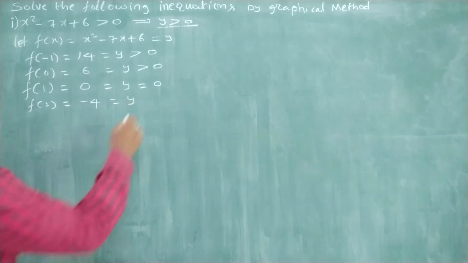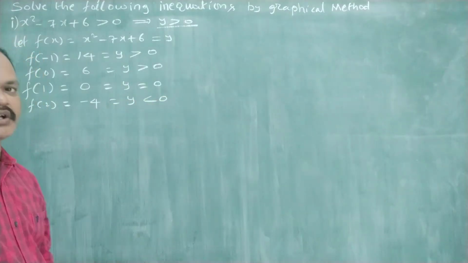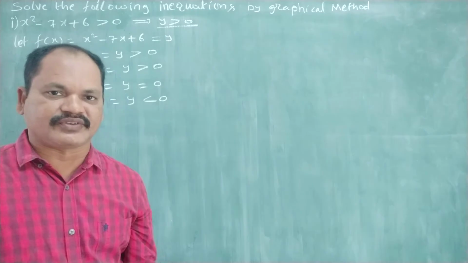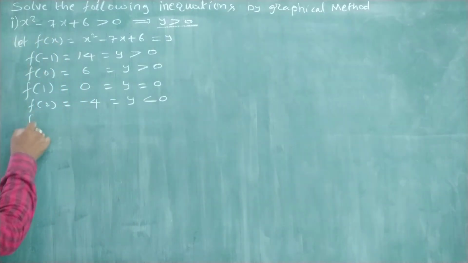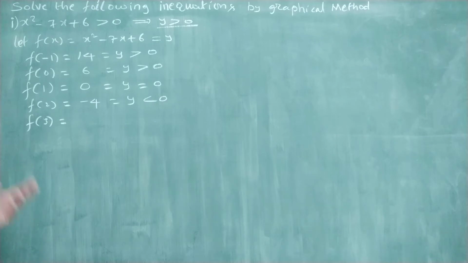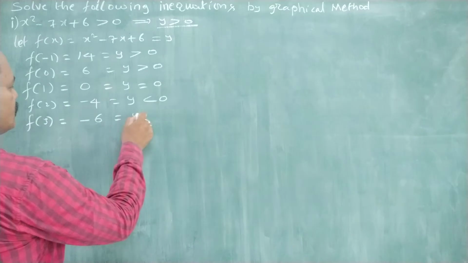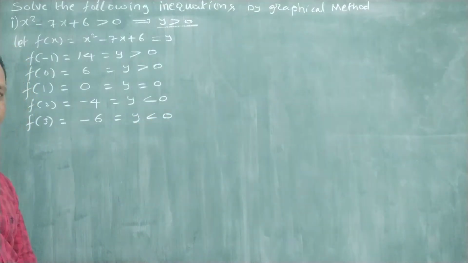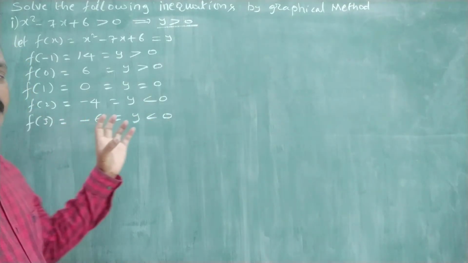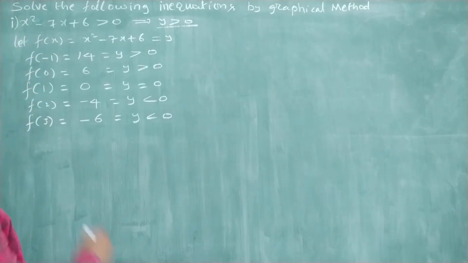So y is negative, so 2 is also not satisfying this inequation. And f of 3 is 9 minus 21 plus 6, that is minus 6. So here also y less than 0, so 3 is not satisfying this inequation.